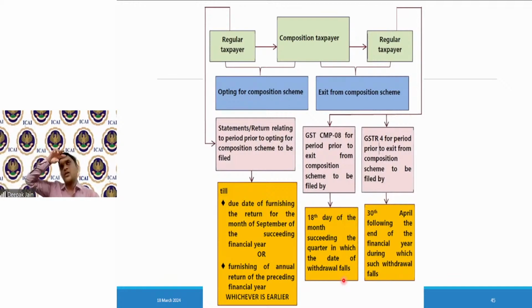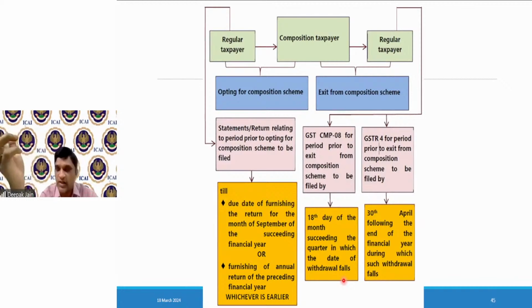जैसे आपका क्वार्टर था Jan to March, April to June, right? अगर आप, generally you cannot exit from composition in between because you cannot shift from composition to regular in between the year.